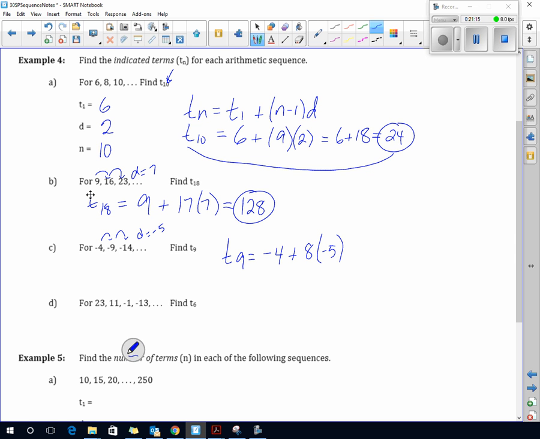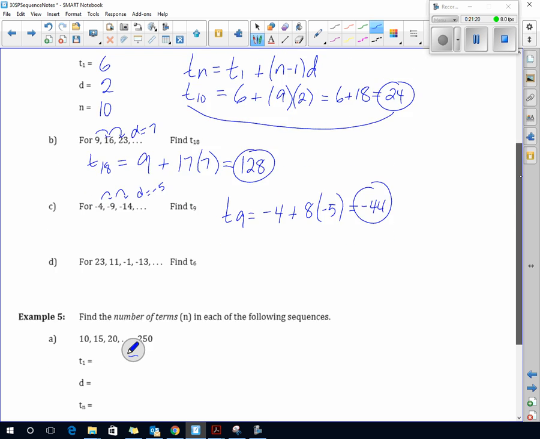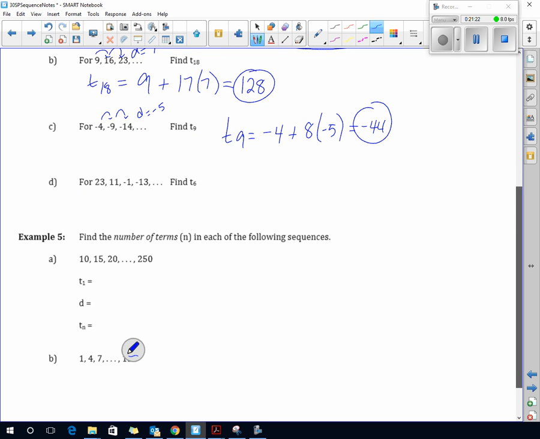Going down by 12. D equals negative 12. So term 6 is going to be the first term, which is 23, plus 5 times negative 12. So that's negative 60 plus 23. Negative 37? Yes?